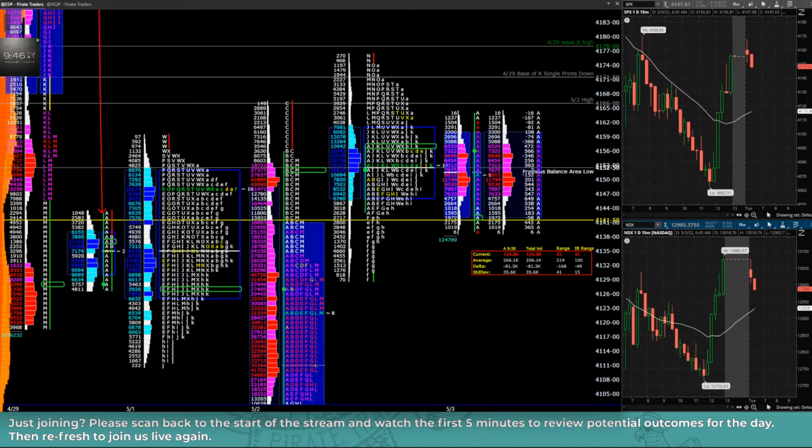It's worth noting the market has a very, very high probability of testing at least one of the overnight high or low. It's like 90% of the time it tests at least one of them. So I generally feel like if it tries to push up to get to an overnight high and it can't, that in my mind increases the odds just slightly that we'll test that overnight low. But lots of support waiting just below.